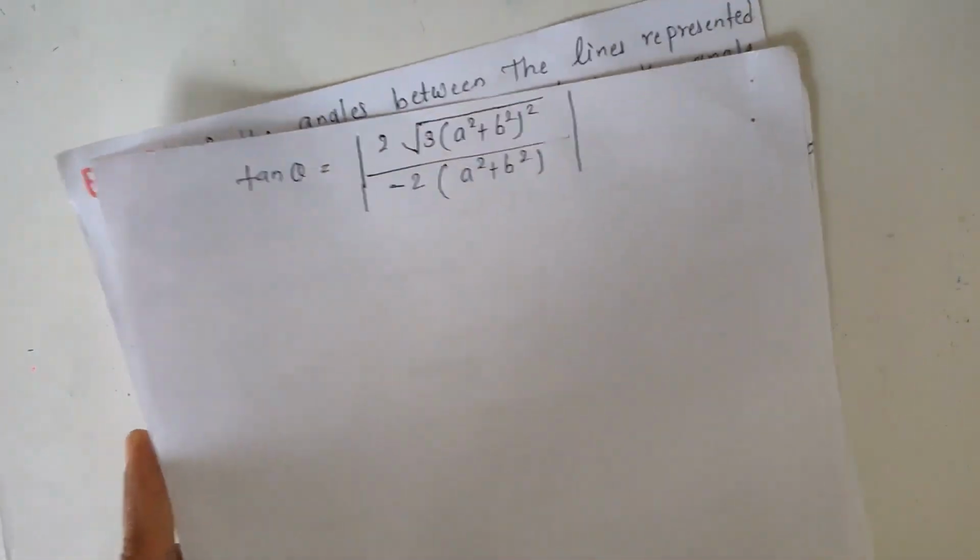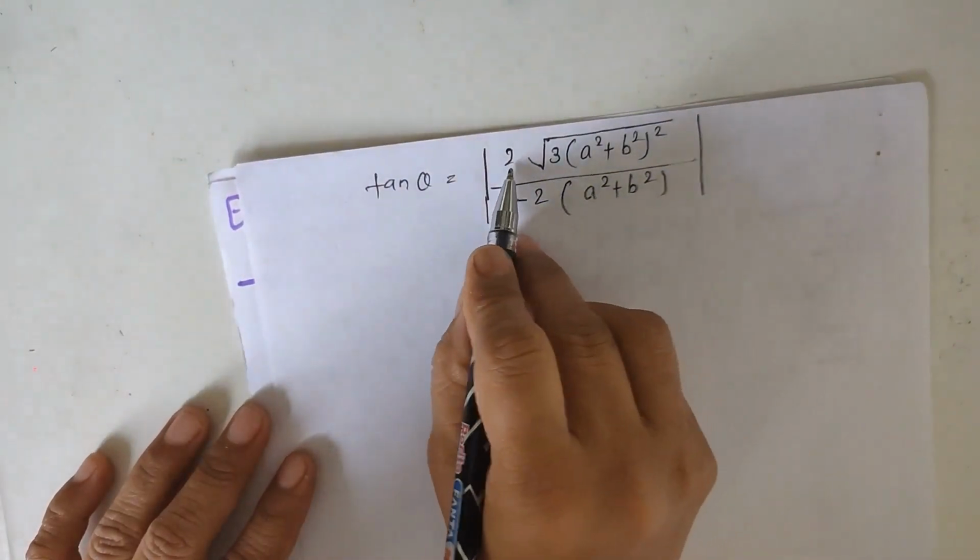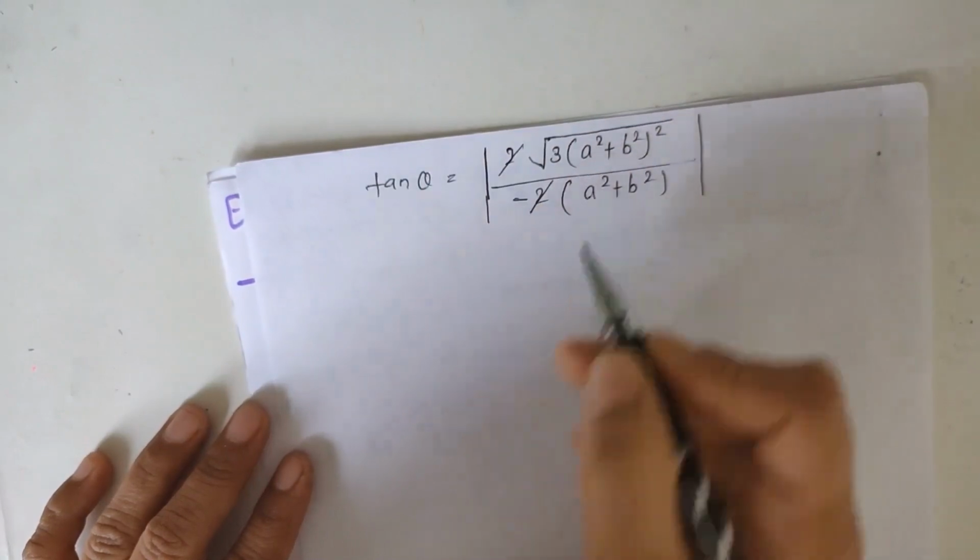Now substituting the values of A square minus AB and A plus B, we get these two values.